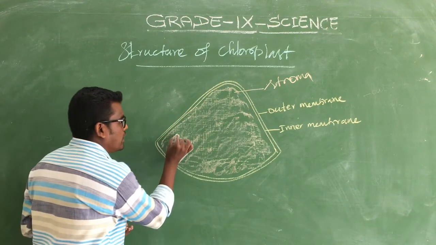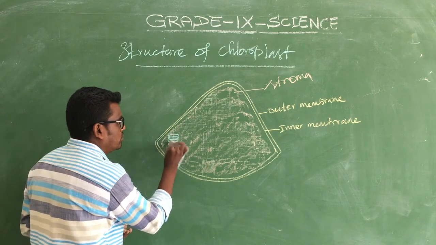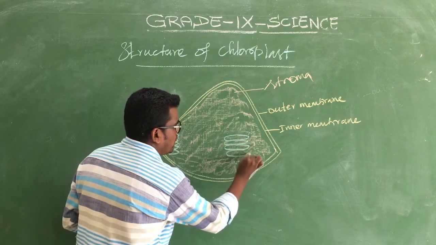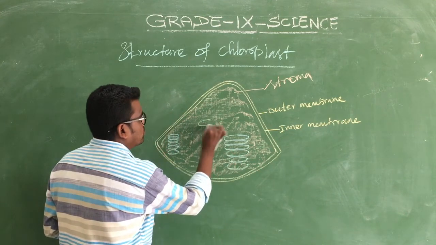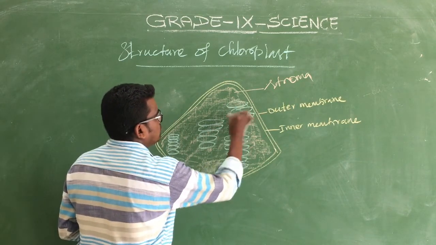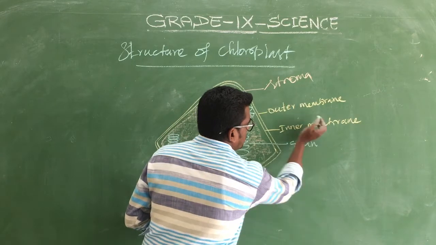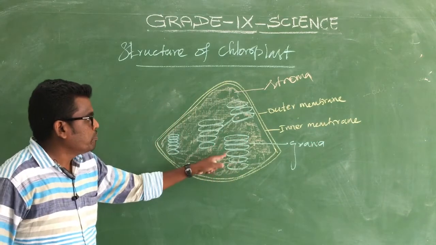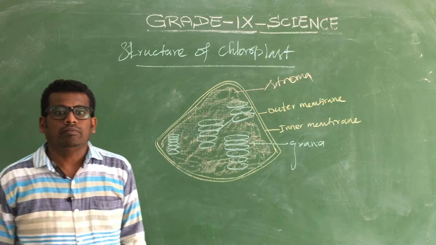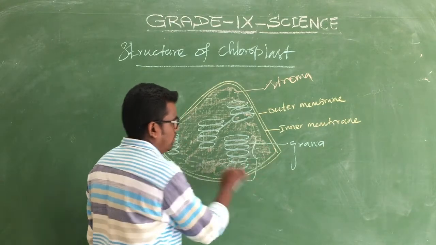Inside the chloroplast there are flat structures, arranged like columns. These structures are called grana.